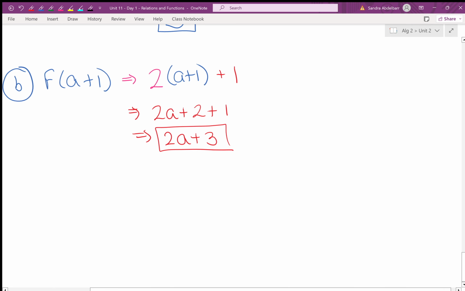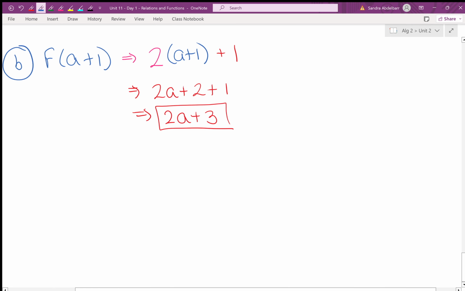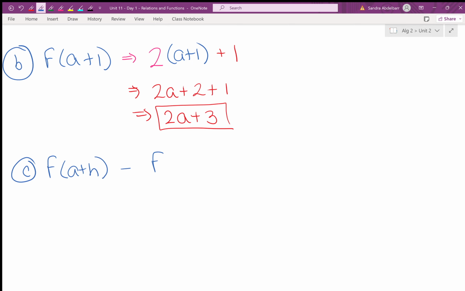All right, so now what do I want us to do? I want us to find f of a plus h minus f of a. So what am I doing? I'm first going to substitute a plus h, then I'm going to substitute a, and then subtract those.